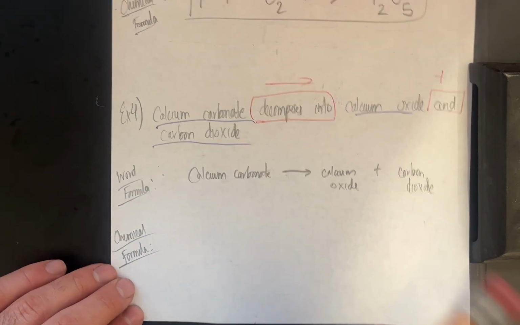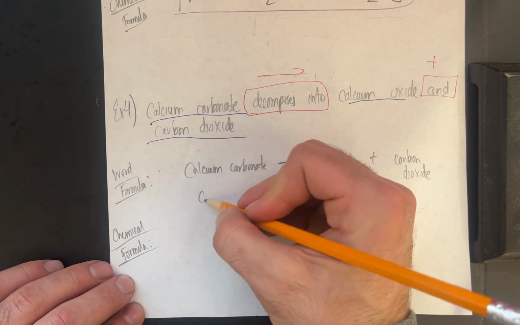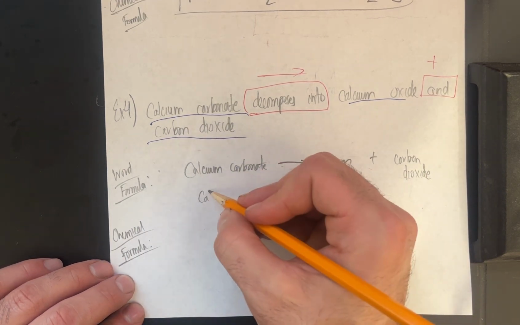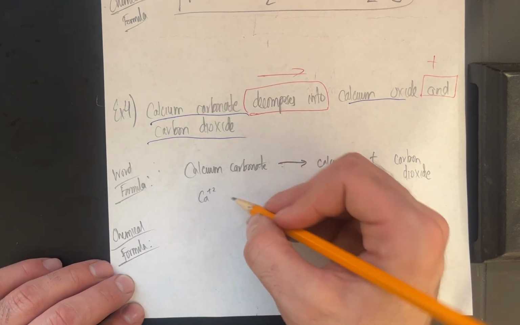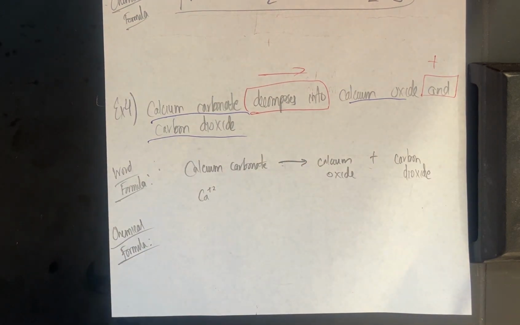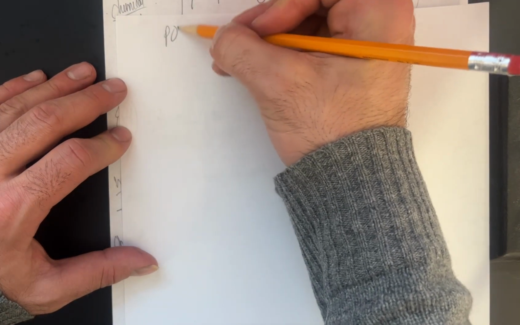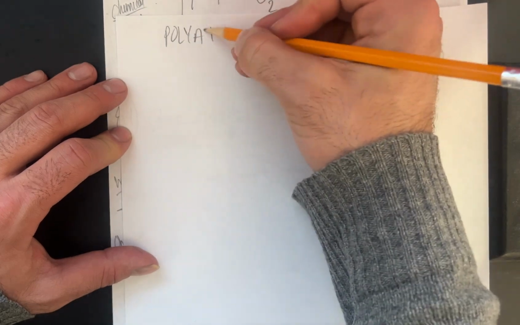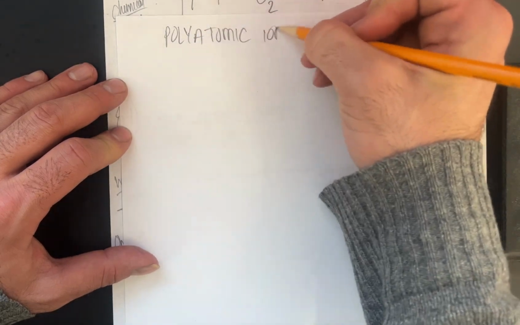We can do that by taking a look at this guy, Ca plus 2, and then carbonate. Now, for my regular chem students, I'm going to give you guys these so you don't have to memorize. But for my AS students, there are those 6 that you have to have memorized, right? And so these are what we call polyatomic ions.